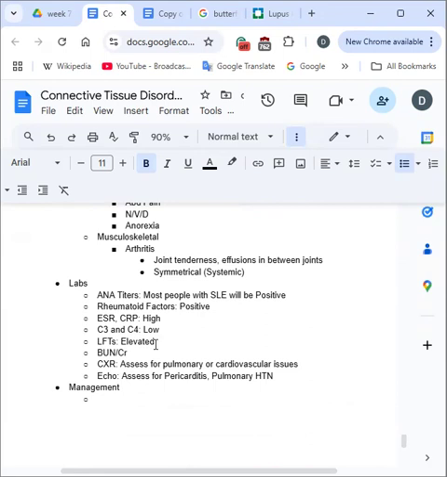Then there's a lot of crossover, and a lot of this starts to make a little bit more sense that way, without having to be hyper memorizing every little line. And so for the management, treatment, spa day, yeah, like the warm bath that could help you with the pain, inflammation, and stuff. There's a lot of stuff here.